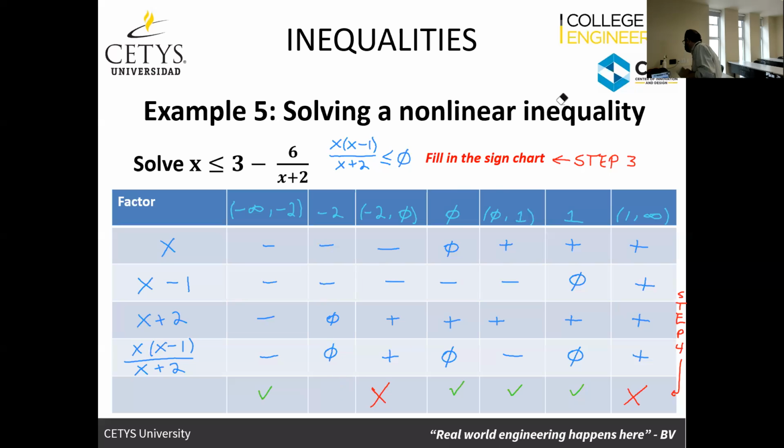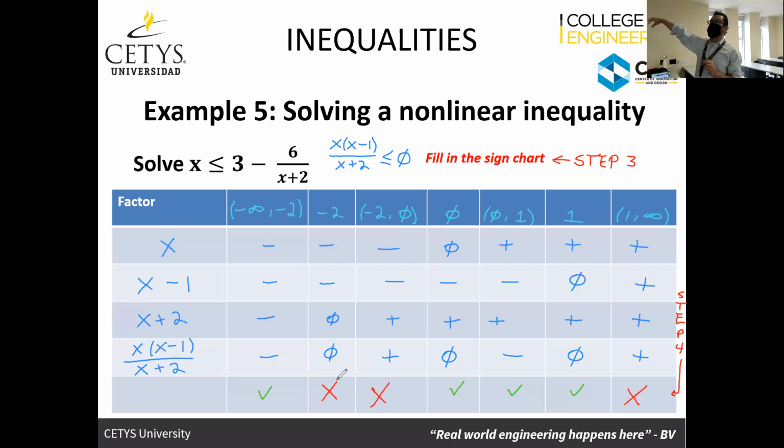This number here, the -2, cannot be included. Can somebody tell me why it cannot be included? Because it would be divided by 0. Correct. So here's a little caveat for these inequalities that have quotients. We're not going to include the values that make the denominator 0.